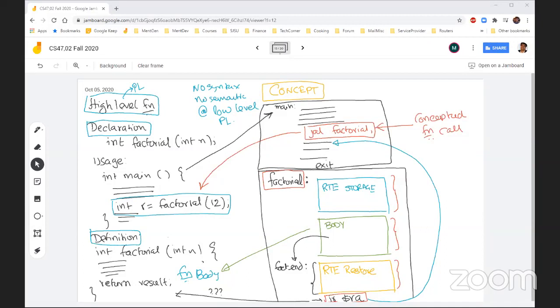So let's look at other correspondences here also. For example, passing the arguments into the function at the high level. Here at the low level, we do the same thing through the argument registers A0, A1, A2, A3, four arguments.